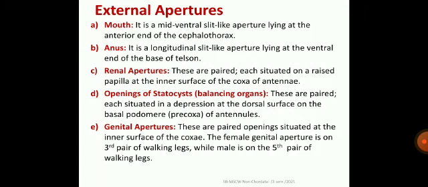In fact, it is guarded by the mandibles and other appendages. The anus, the second opening, is a longitudinal slit-like aperture. It is not a round structure; it is a slit-like aperture lying at the ventral end of the base of the telson.